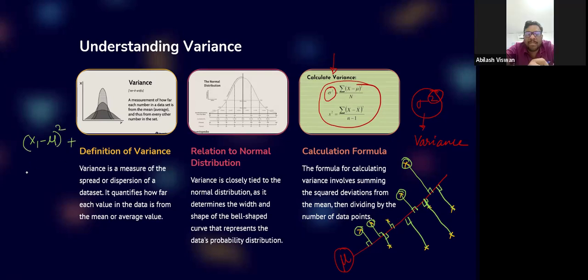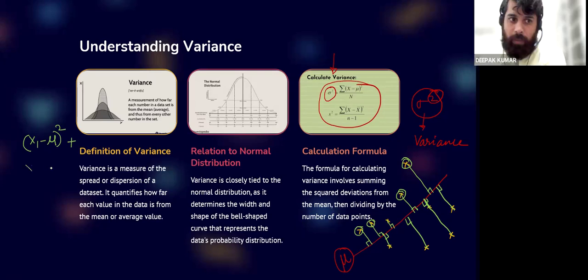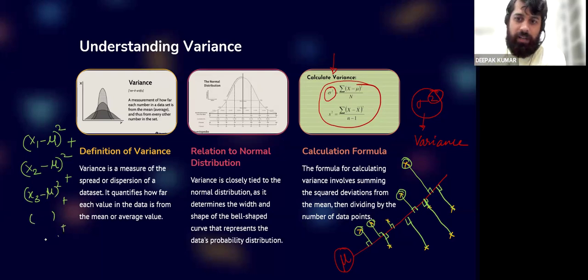Then you calculated the difference of the second point from mu, x2 minus mu, and then you took a square of it. Similarly, x3 minus mu and square of it. And it goes on till the number of points, say n points are there. Say xn minus mu. See, mu is not changing. Mu is very same. But x are changing.